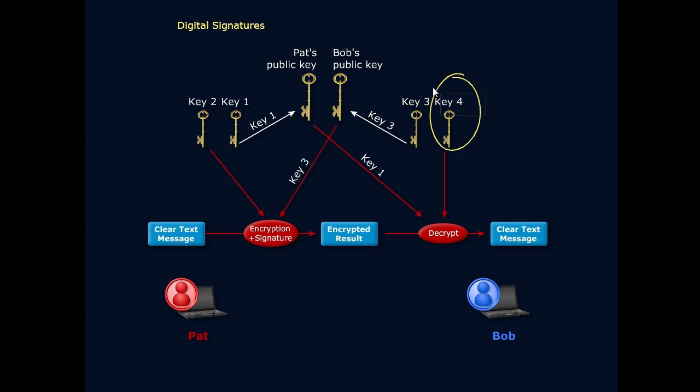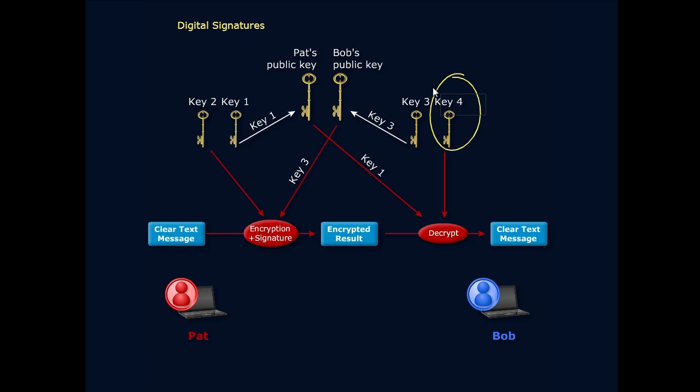But by putting my public key out there on the internet, I ensure I can only read the traffic, but I have no way of knowing who is sending that information. Who is sending that information? So we go to what's known as a digital signature. How can I be sure that the person who is sending me this message is actually Pat?